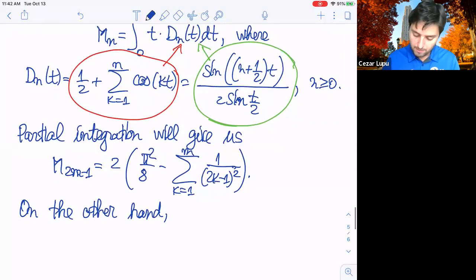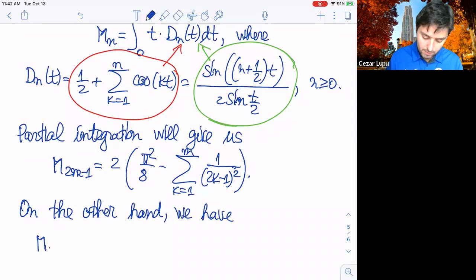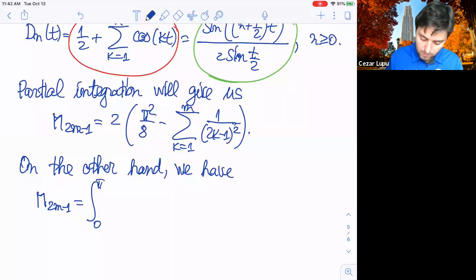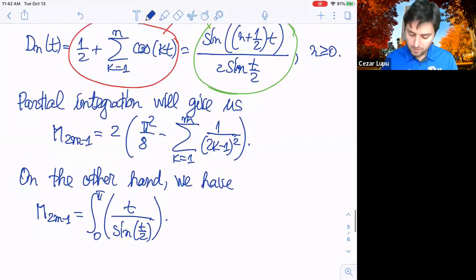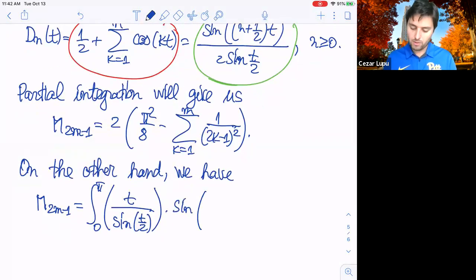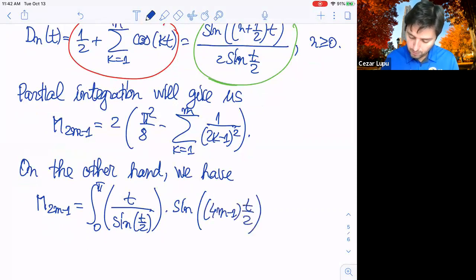So we will have that m sub 2m minus 1 will be the integral from 0 to pi of, and now I'm just going to plug in, so it's t over sine of t over 2, I'm going to write it in this way, times sine of, and now if I plug in 2m minus 1, this will be 4m minus 1 over 2, dt.